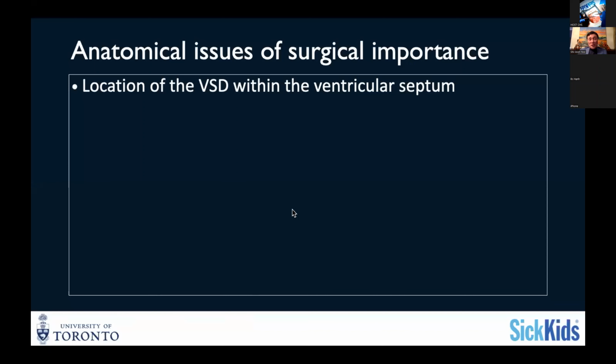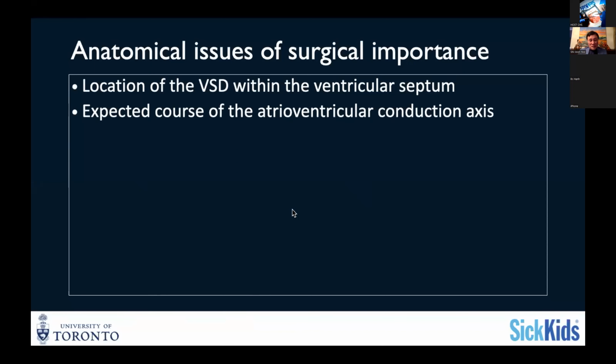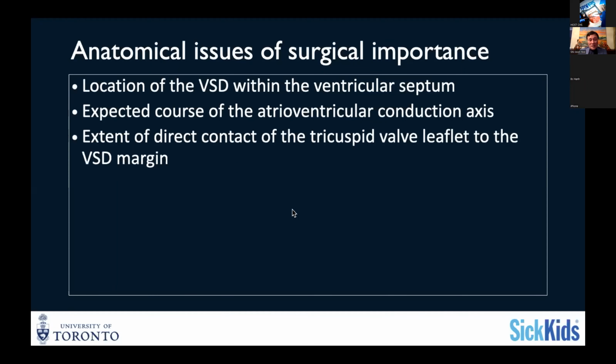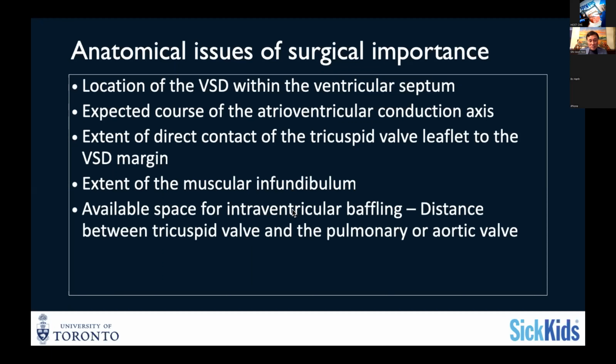Anatomical issues of surgical importance, always ask of the images: location of the VSD within the ventricular septum, expected course of the atrioventricular conduction axis, extent of direct contact of the tricuspid valve leaflet to the VSD margin, extent of the muscular infundibulum, and available space for intraventricular baffling, which requires measurement of the distance between the tricuspid valve and the pulmonary or aortic valve.